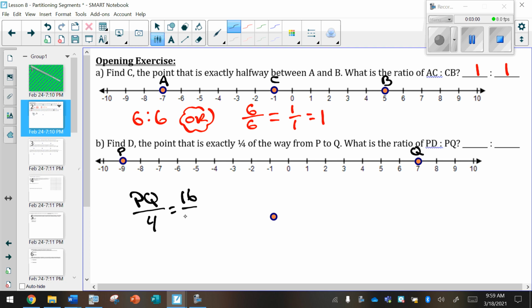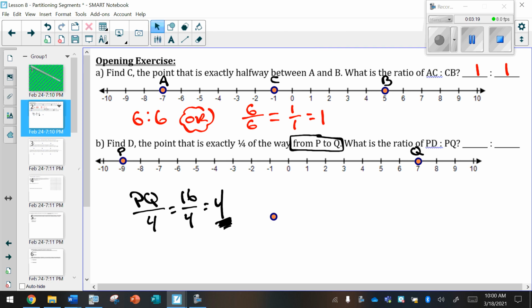So from P to Q is 16 places divided by 4, which means we will put point D 4 spots from P towards Q. From P, 1, 2, 3, 4 spaces over, that is where D is located. So that gives me the location of D.